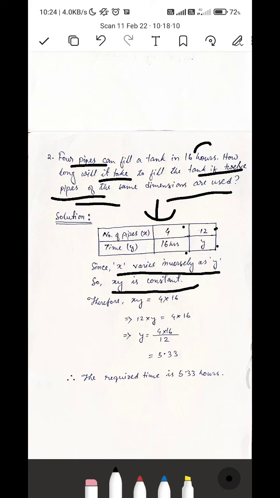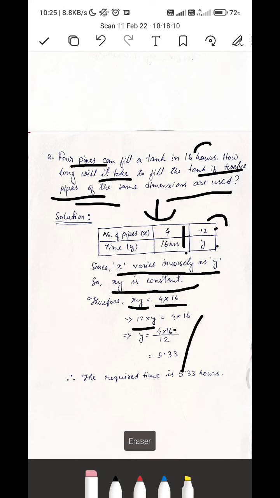From this table we get 4 into 16 as our constant, which is xy. We have replaced the value of x, which is 12, on the left hand side. Now if we change the side of 12, it will become 4 into 16 divided by 12. On cancelling out the common factor, this will give us 5.33.